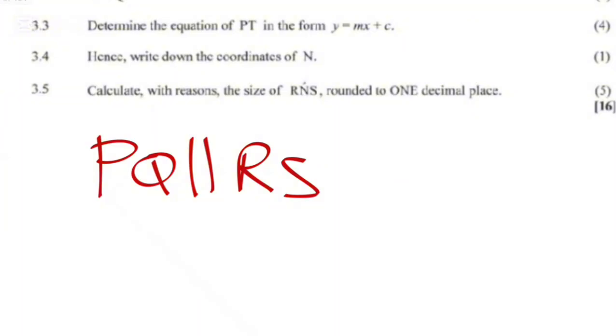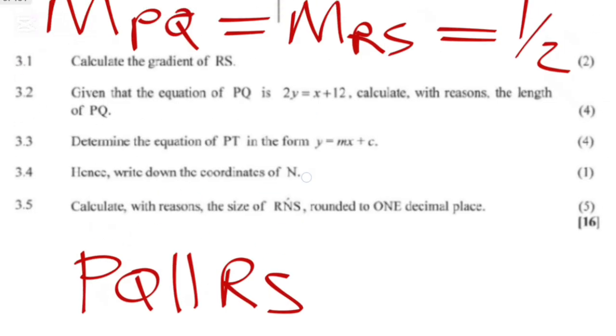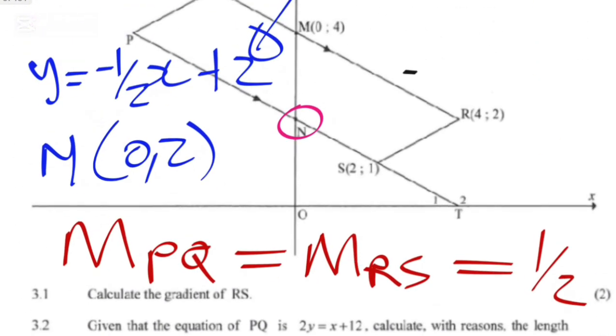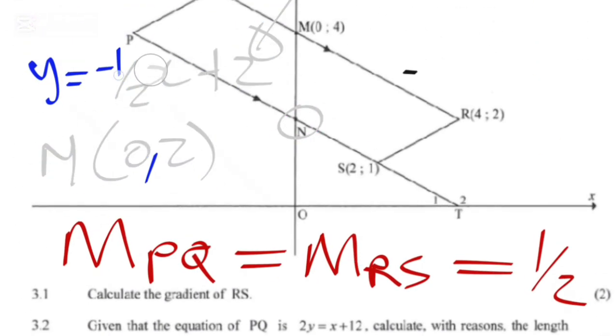Let's proceed. Calculate with reasons the sizes of R and S. This is going to be nice. You see the mark allocation.